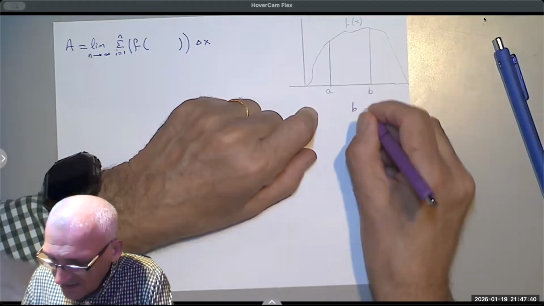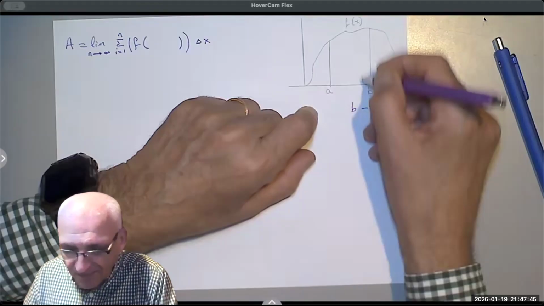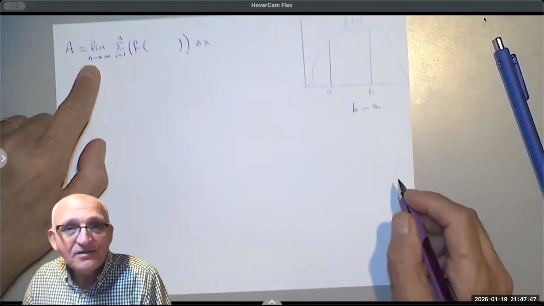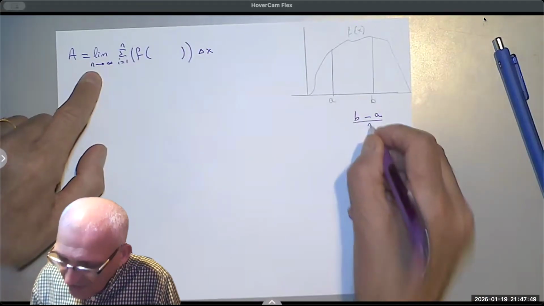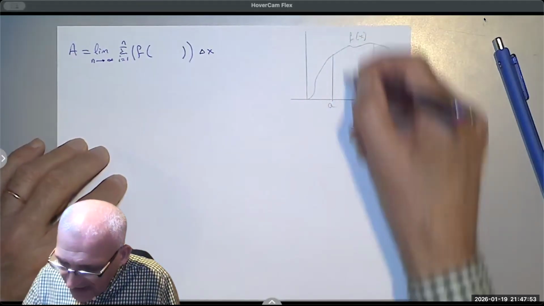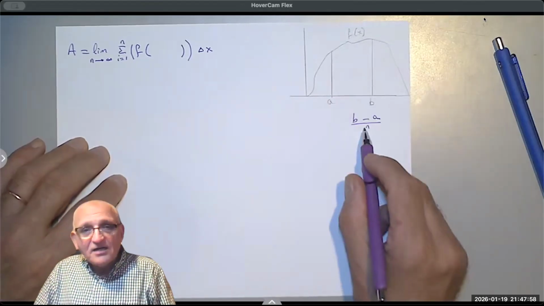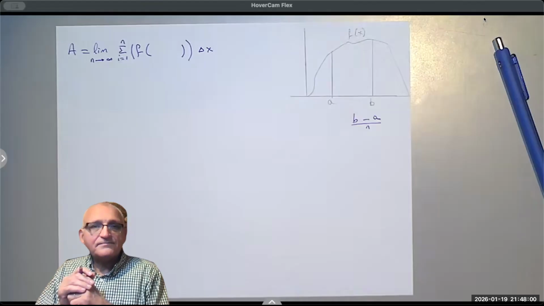And I'm dividing it into infinite numbers that are called n, and n would approach infinity. So each one of these extremely small, infinitesimally small bases is b minus a over n.